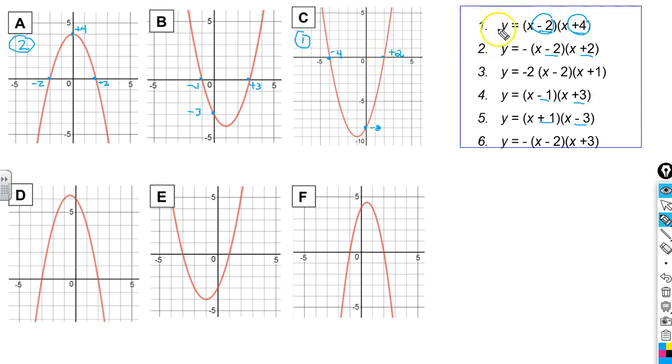So if we were to set this y value to 0, that means that because this binomial and this binomial are being multiplied together to equal 0, either this factor or this factor has to be 0. And so what we can do is actually set each of these equal to 0.